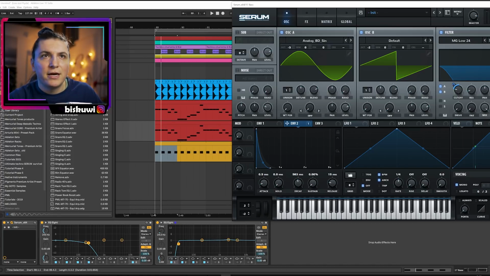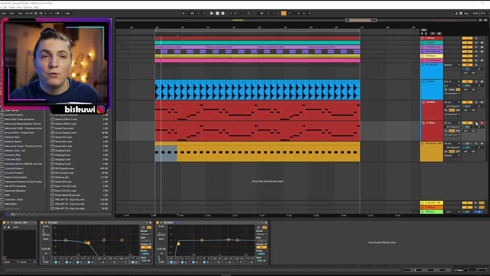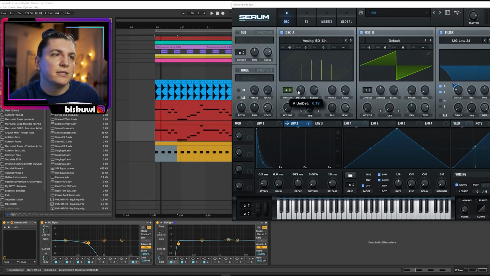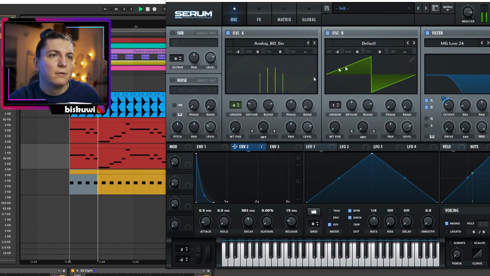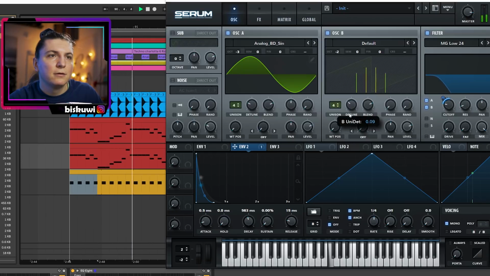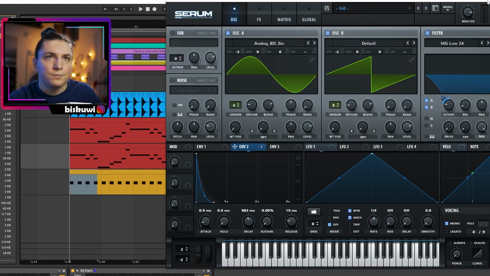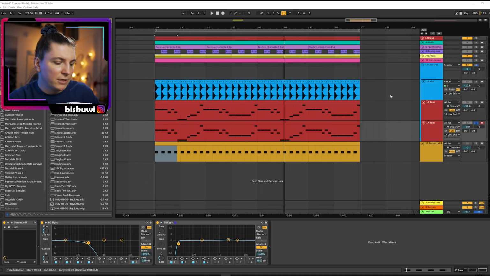What happens oftentimes, when you use the sub, if you have, for example, a stereo image in your sub bass, it is okay, you can have a stereo sub, especially if you don't exaggerate it, something like this, and maybe something like this, maybe detune a bit less. Make sure that your volume levels are consistent.